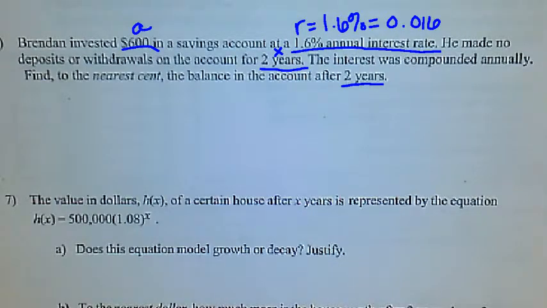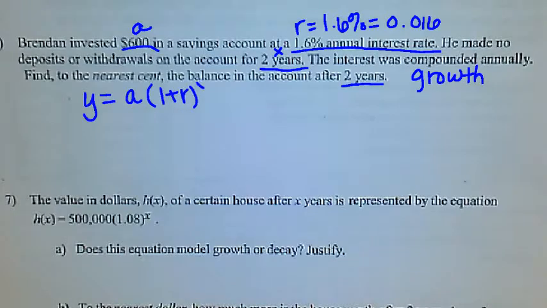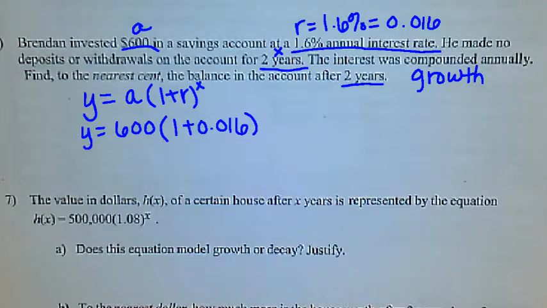Okay. So first thing we have to do is write our equation. So it's interest, so it's going to be growth. So A equals 1 plus r raised to x. And then it's just simple substitution. Again, the biggest mistake that students make is not to change that percent into a decimal.